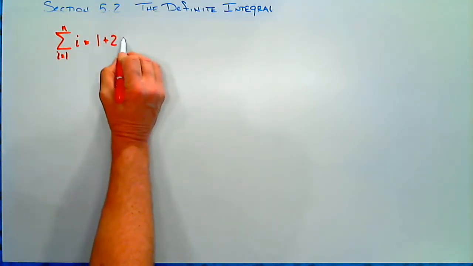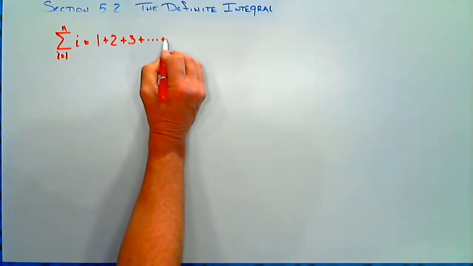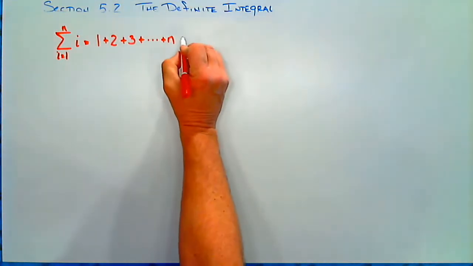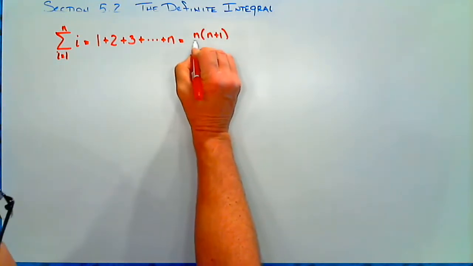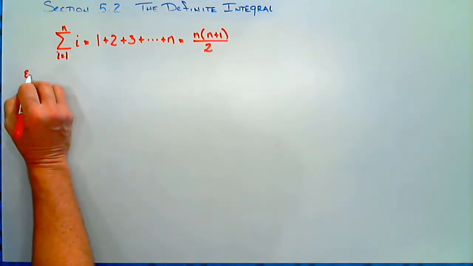My next number after 2 is 3, and this continues until I get to n. And in pre-calc, in the section about the binomial theorem and mathematical induction, we learned a formula for this. We learned this was equal to n times n plus 1, all divided by 2. If somebody says to us, here's an example, right?